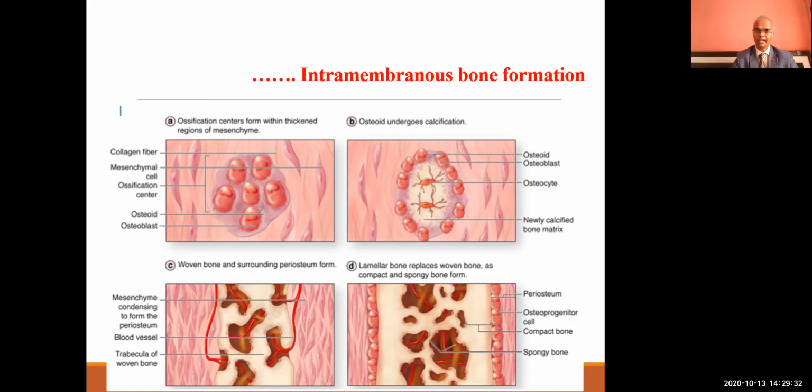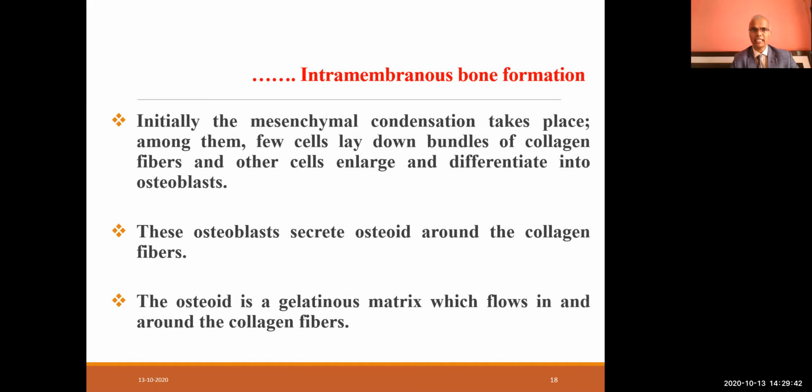So in intramembranous bone formation, first woven bone is formed, then it is later replaced by compact and spongy bone. Initially, the mesenchymal condensation takes place.